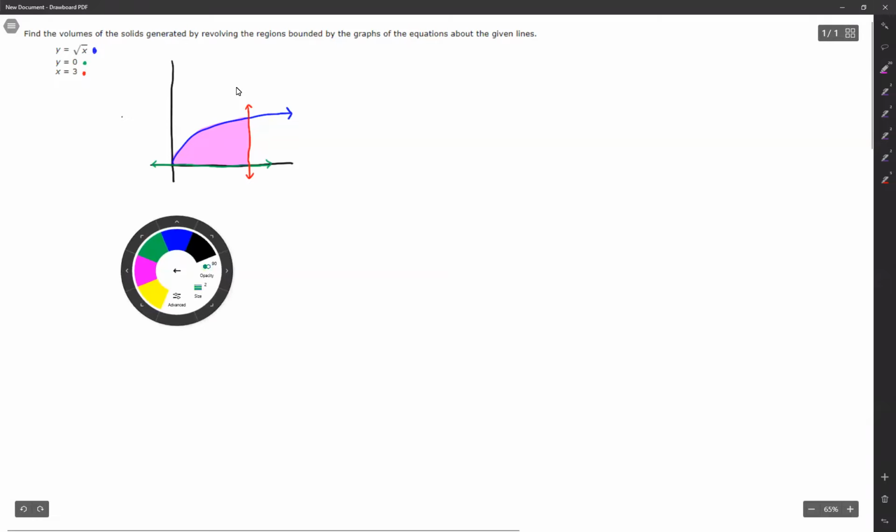So let me write the names of some of these curves. Okay, so this green one we know is y equals 0. This red one, x equals 3. And this blue one, y equals the square root of x.